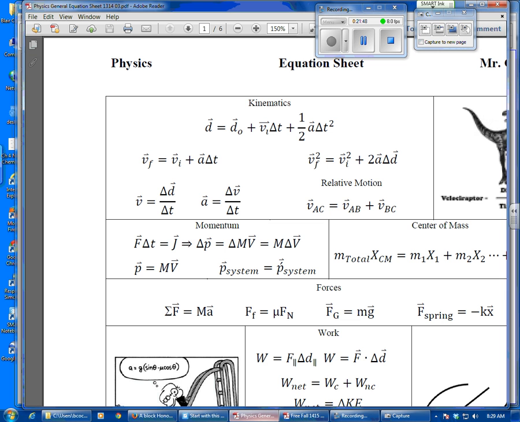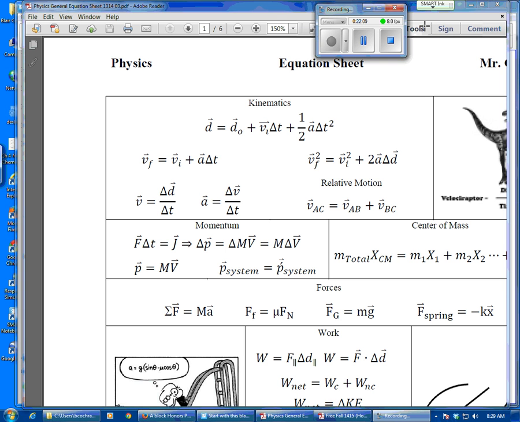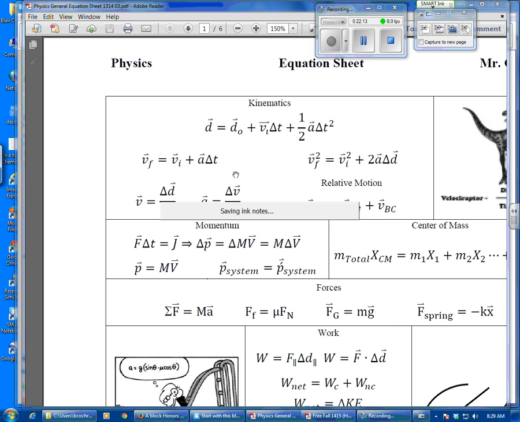We know it's changing its velocity, it's accelerating, and we know how long it takes. So I'm looking at this left-hand equation again, and I'm going to grab that one.